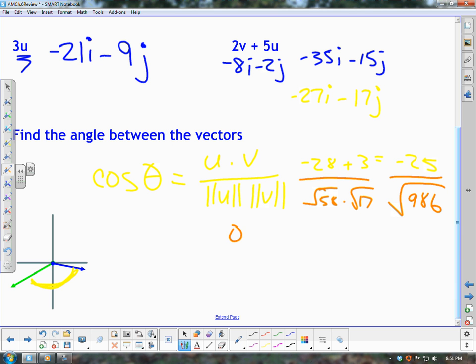And so theta equals inverse cosine of negative 25 over the square root of 986, and that is 142.77 degrees. Or if you want to go 142.8, that would be okay as well.